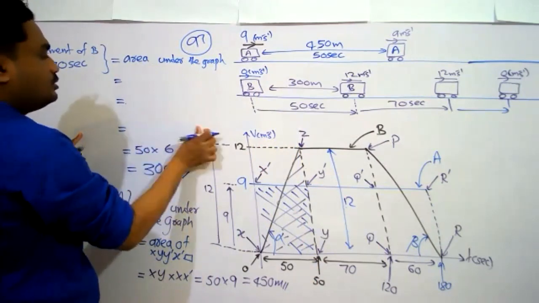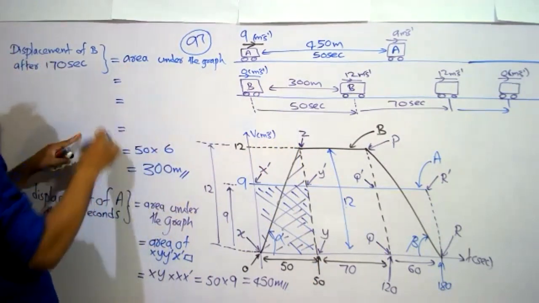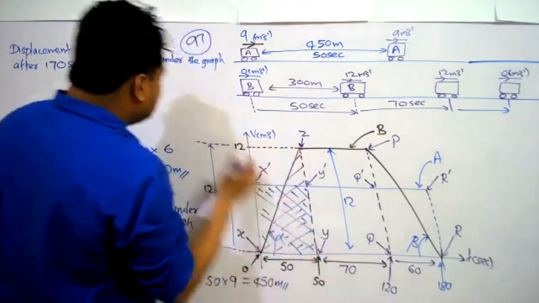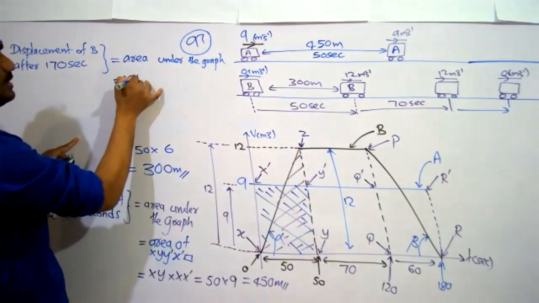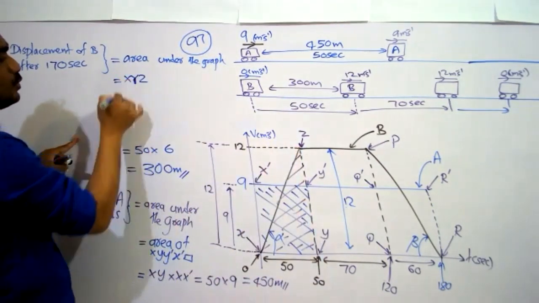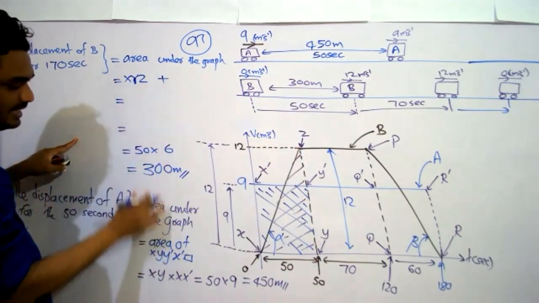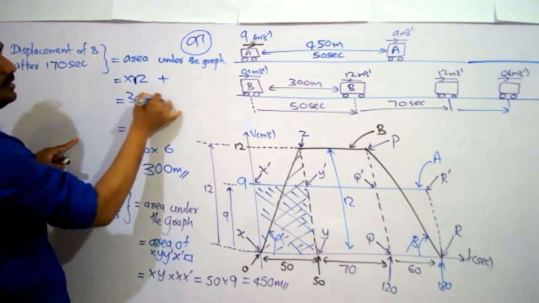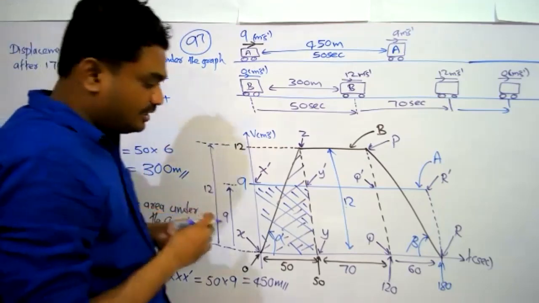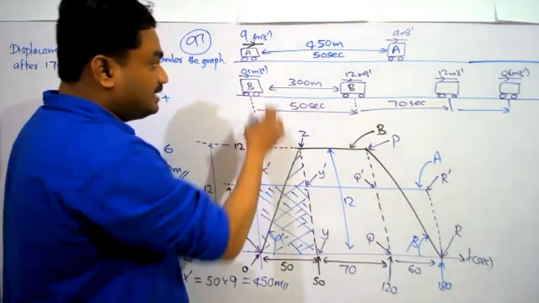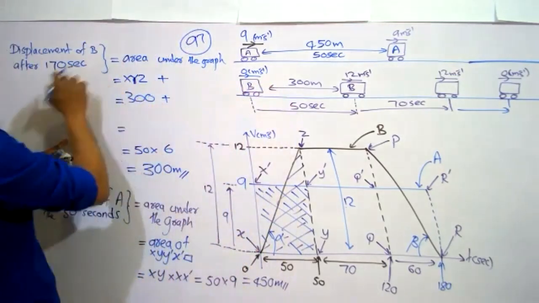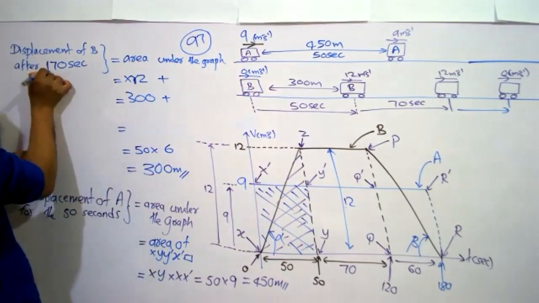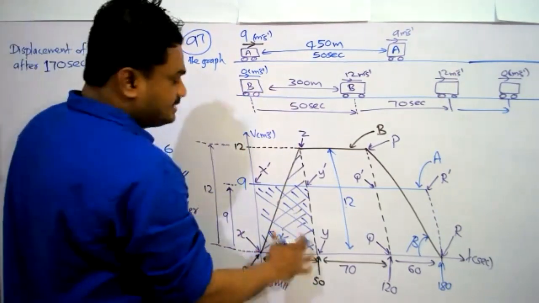So it means you have to do two things. Displacement during the first 50 seconds is the area of the XYZ triangle. We have found that as 300. Nothing to worry about it. The displacement of vehicle B during the first 50 seconds is 300 meters.